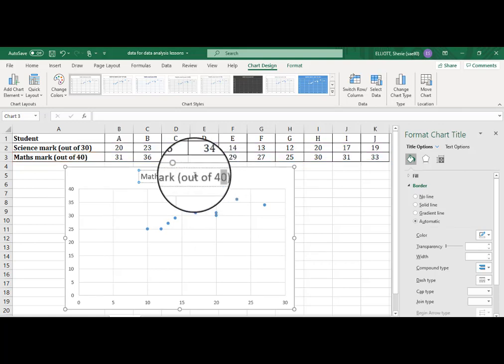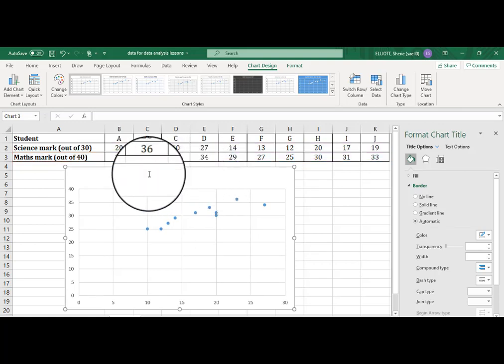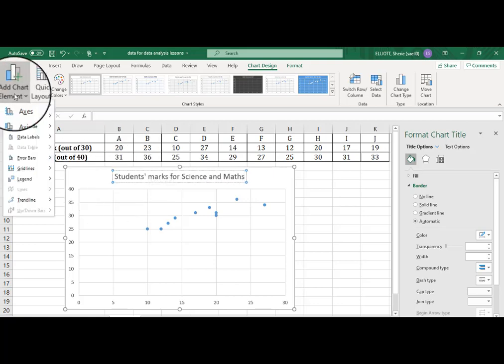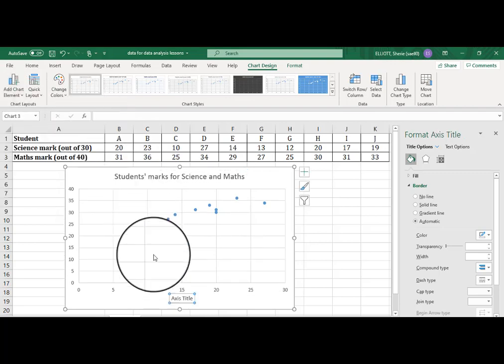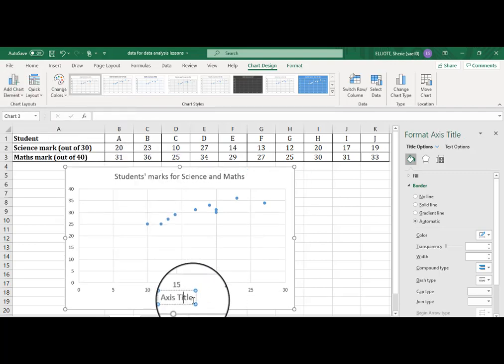Put in a new title. So, students' marks for science and maths. If you come up to add chart element, you can pick horizontal. This is the science mark, and that was out of 30.